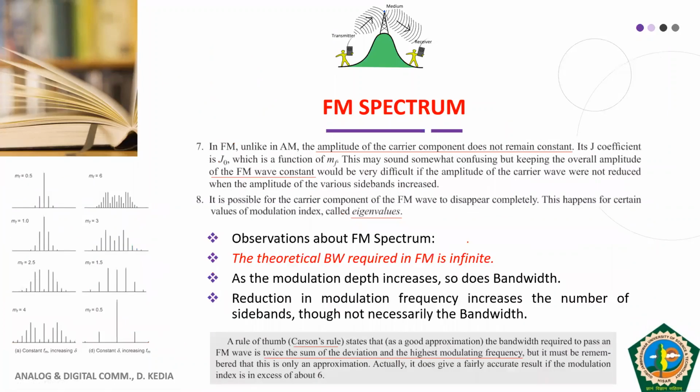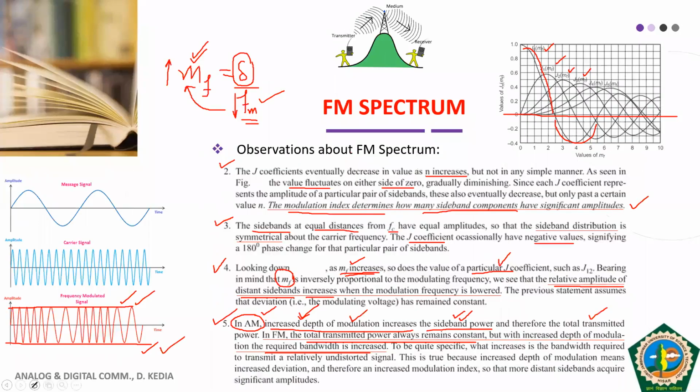There are two more observations related to FM spectrum. And in fact, these two observations may be surprising for you also. We have learned from our initial discussion on frequency modulation that in case of FM, the amplitude of carrier remains constant. And I'm saying just now also that in FM signal, the carrier signal amplitude is always constant, only the frequency is changing.